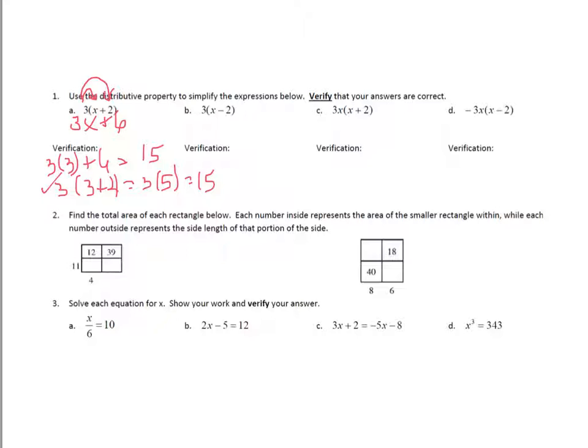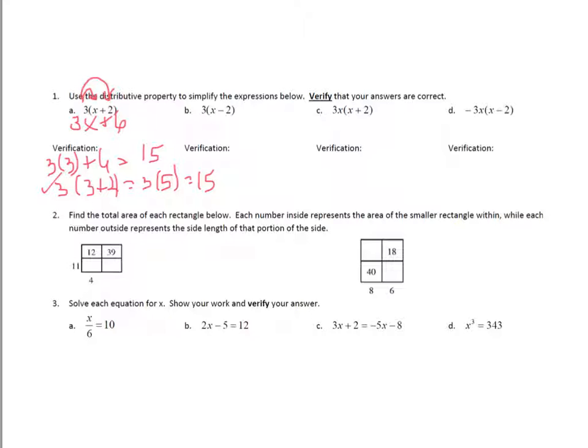Number 2 says, find the total area of each rectangle below. Each number inside represents the area of a smaller rectangle within, while each number outside represents the side length of that portion of the side. It's just a fancy way of saying that that's 11, that's 4, and we have to figure out what these other sides are. 4 times what equals 12?